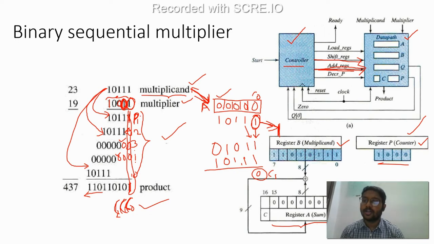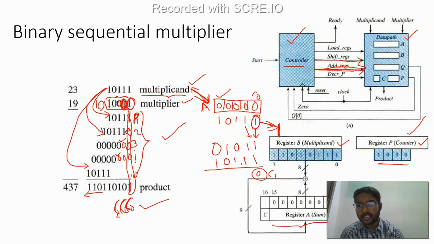So your counter value is 5. If you have a multiplier with 8 bits, then how many partial products do you obtain? 8 partial products, because you have 8 bits in the multiplier, right? So the counter is 8, and you decrement the counter value every time.